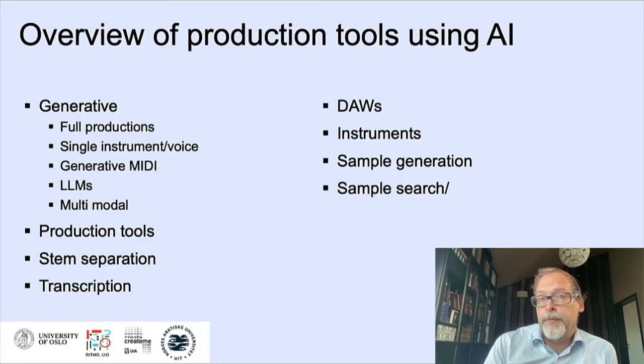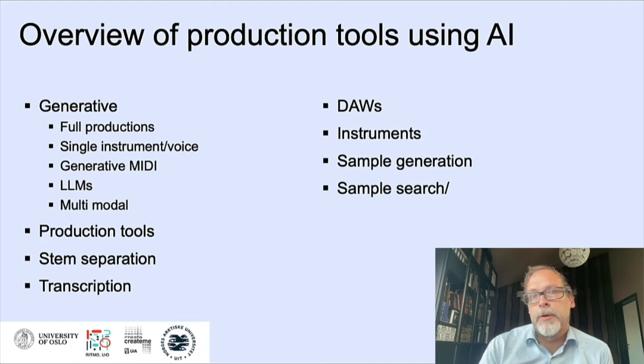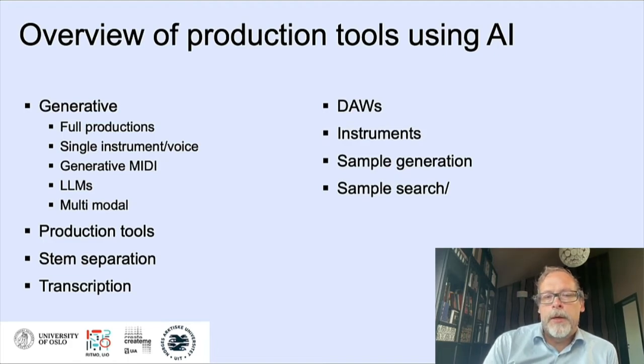And a lot of the large sample libraries are assumably also using AI in their search algorithms, but we are not quite certain how that works. We haven't been able to dig that up, but it seems likely that there's some kind of AI in Splice's search algorithms.